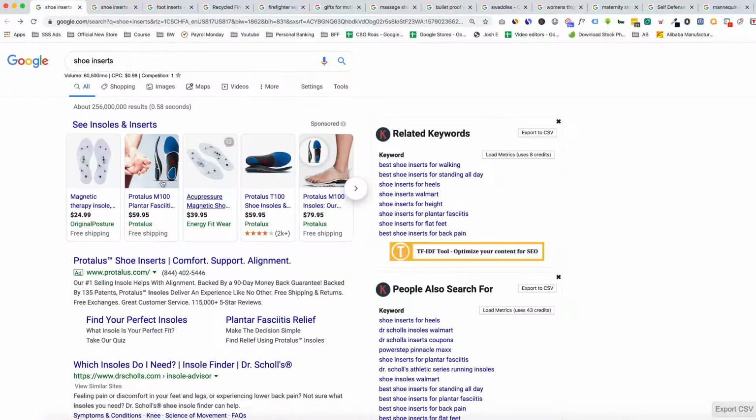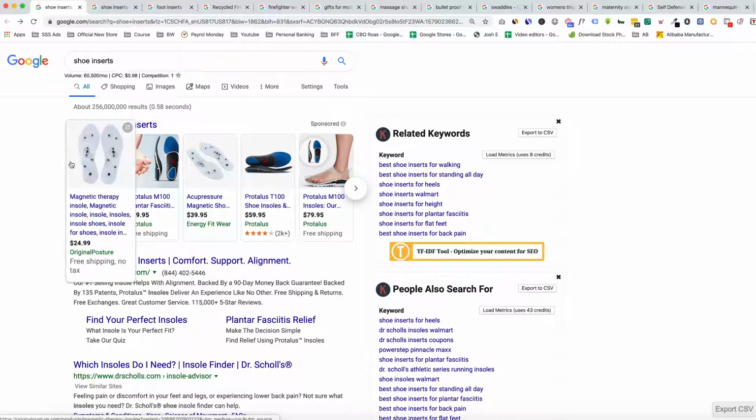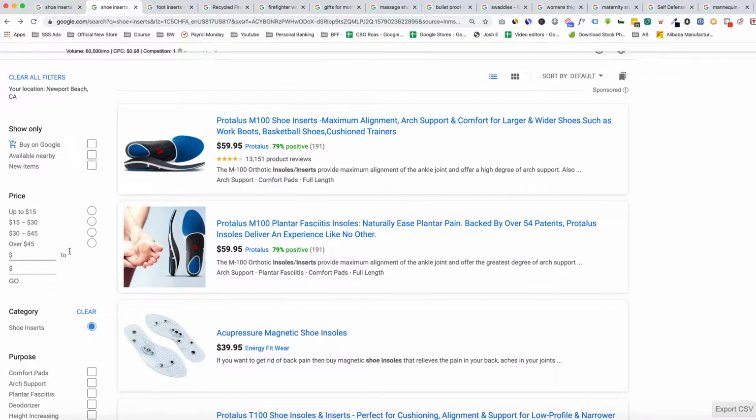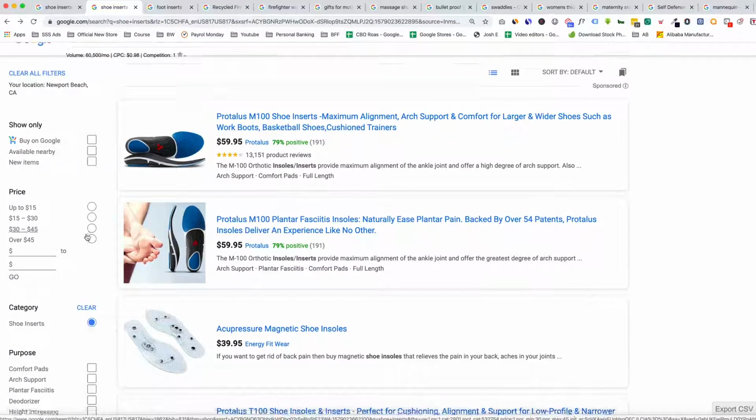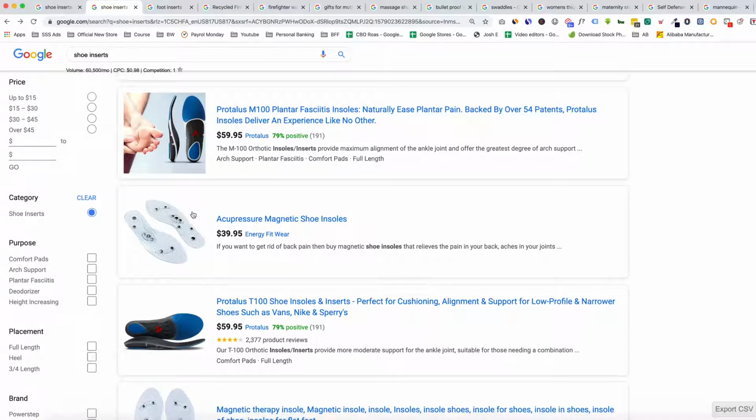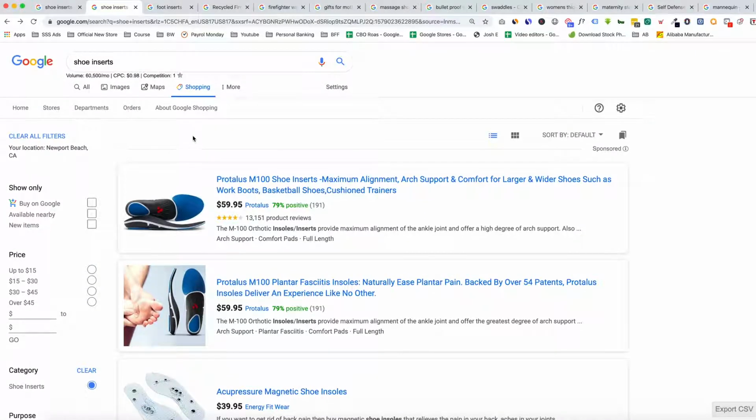So now it doesn't really matter if this is the most popular shoe insert or the highest click-through rate. Now what we could do is say this is the highest ranked shoe insert based on the price being $30 to $45, or based on the purpose of this insert. Does that kind of make sense where I'm going with this?